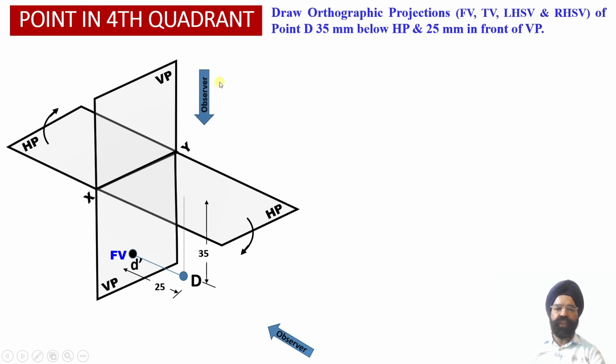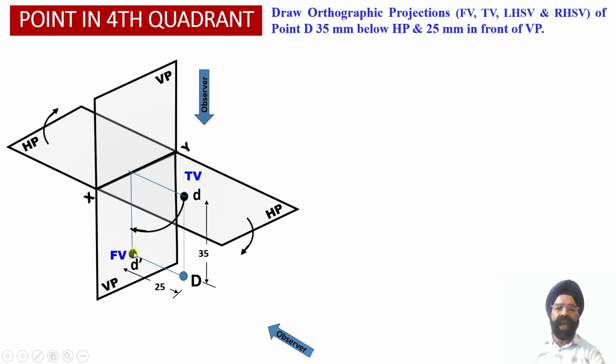Now when the observer is going to look at this point from the top view orientation, we observe that this point D will be projected onto the horizontal plane as plan view projection or top view projection over here, and this point D will be available at a distance of 25 mm in front of the vertical plane. So now we can check this top view projection, that is point D, and this front view projection, that is point D dash.